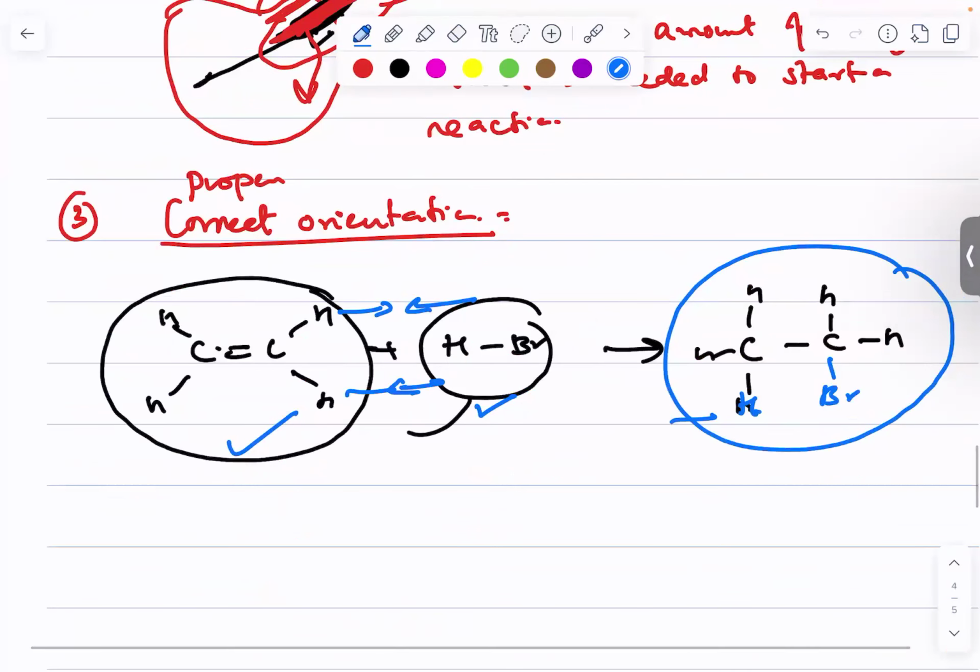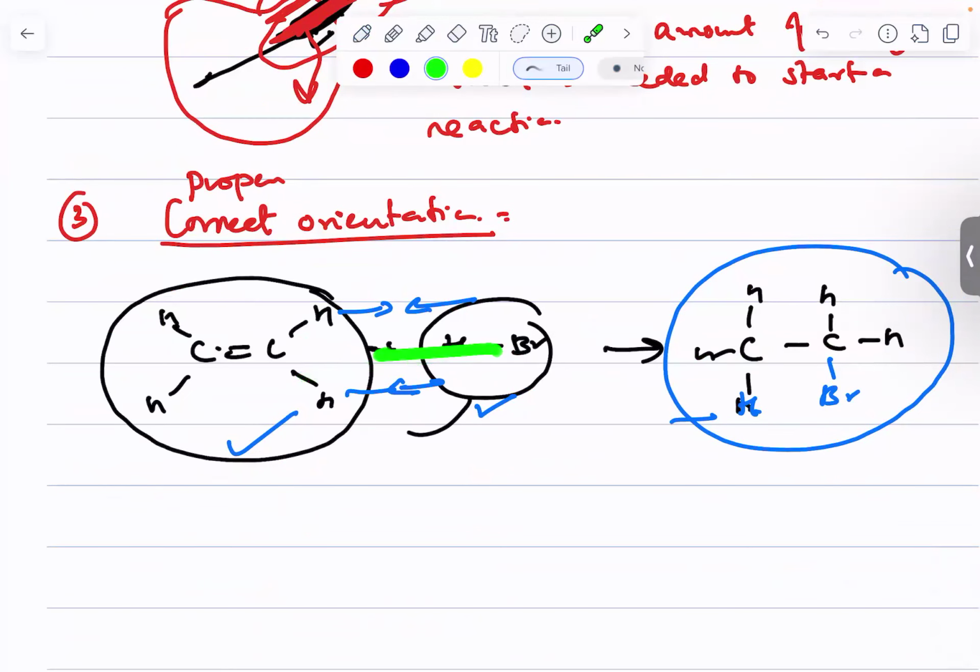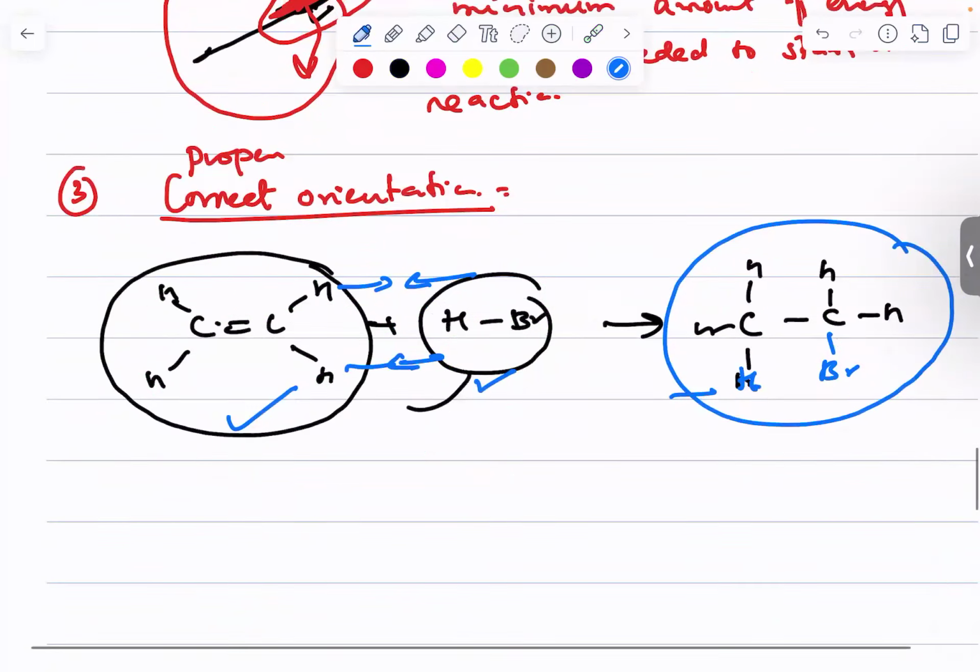Now, both the conditions have been fulfilled. What conditions? The particles will collide, and they collide with enough activation energy. Still, this product will not be produced unless they collide in proper orientation. Now, how can this collision be done? Have a look quickly.